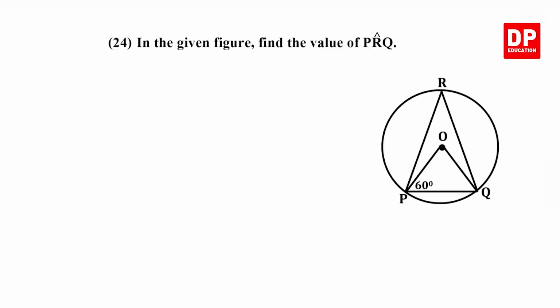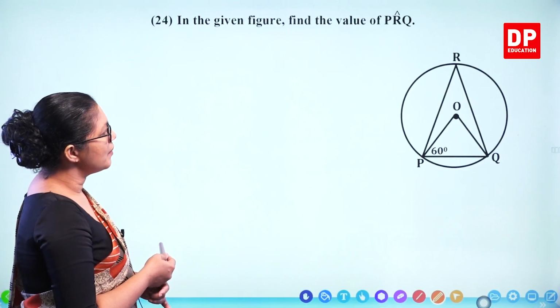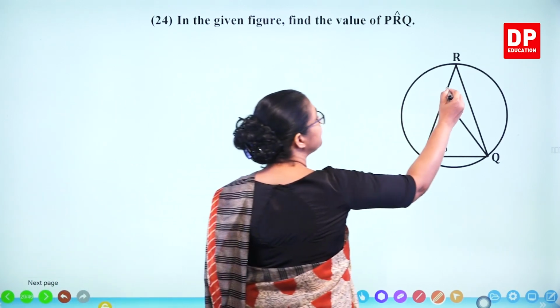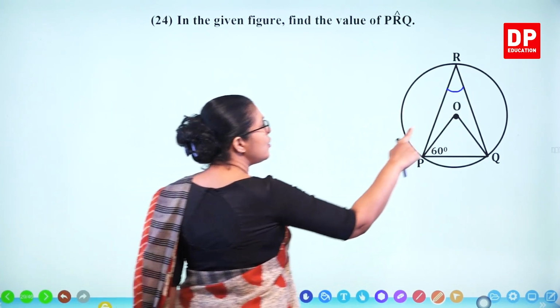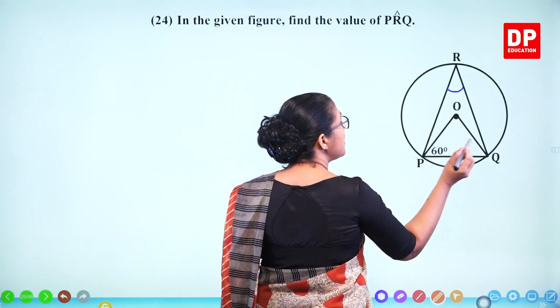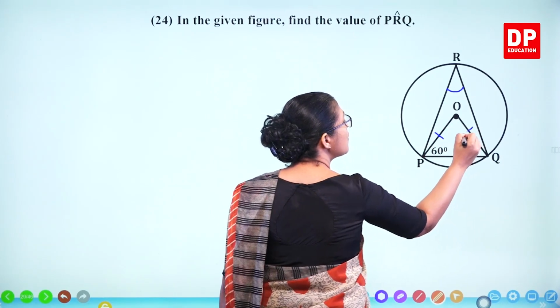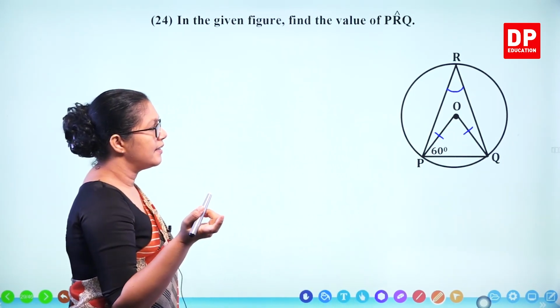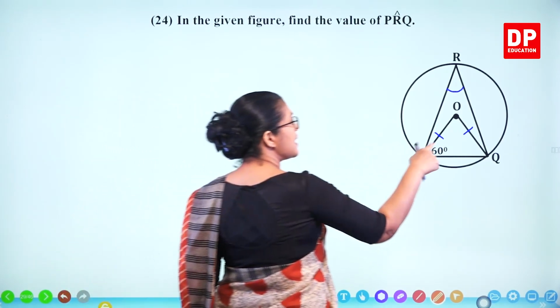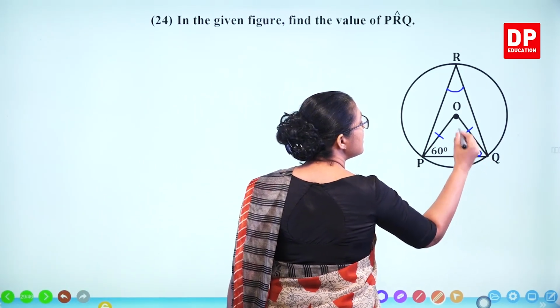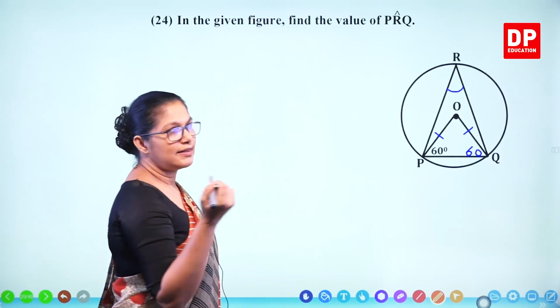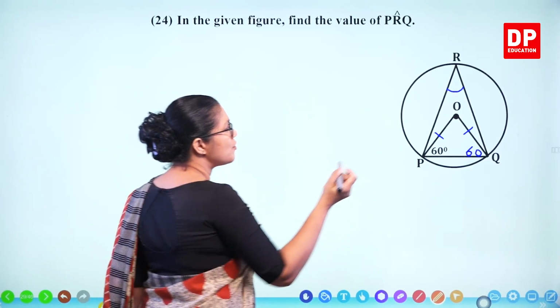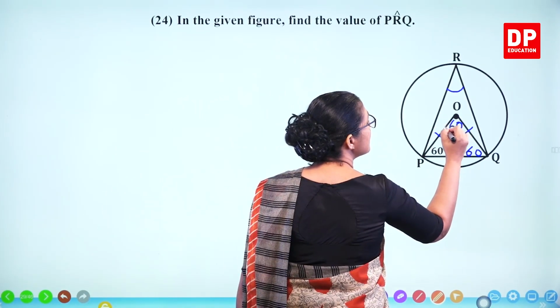Question number 24. In the given figure, find the value of PRQ. This angle. When you look at triangle OPQ, this length is equal to this length, radii. If this is 60, this is 60, then what is this angle? 180 minus 120, again this is 60.